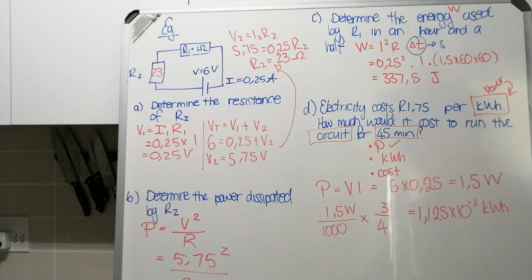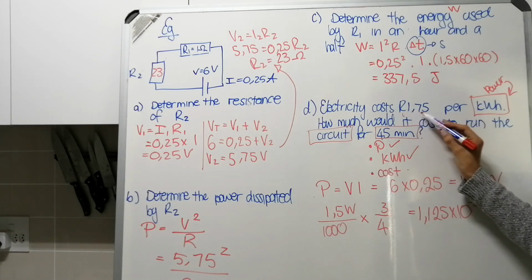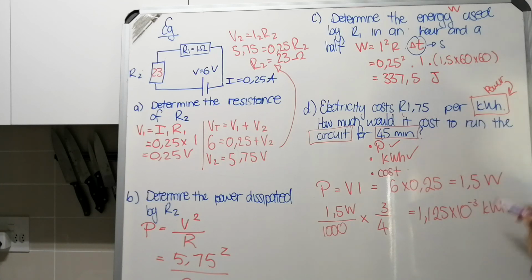And we're not done. We now have to work out how much this is going to cost. This really takes us back to grade 8 and 9 maths. If it costs this much per thing and I have this many things, then how much will it cost? You multiply. It costs 1.75 per kilowatt hour, I have this many kilowatt hours, so I must multiply.